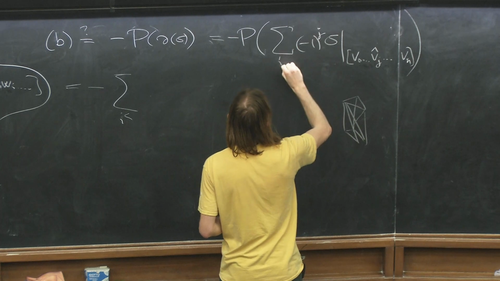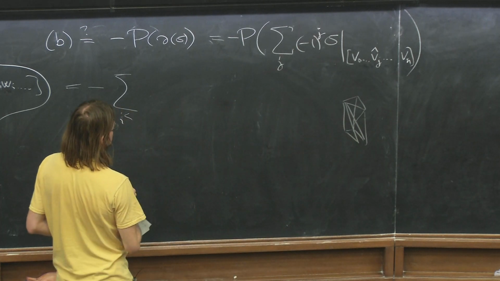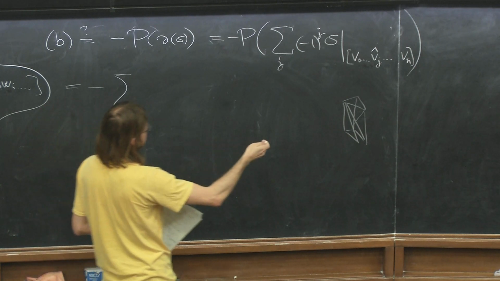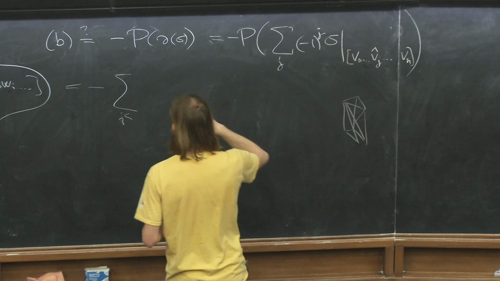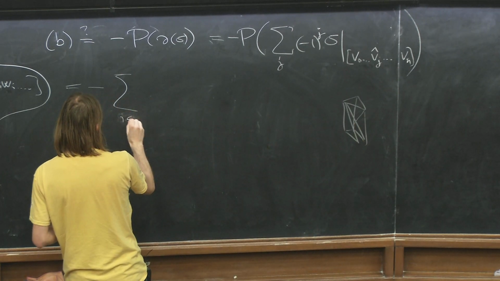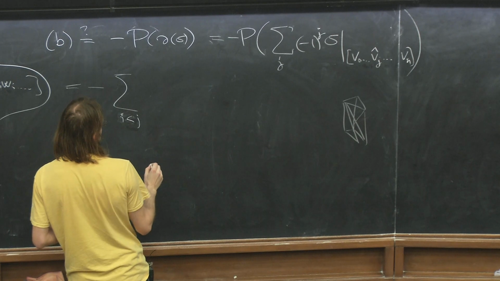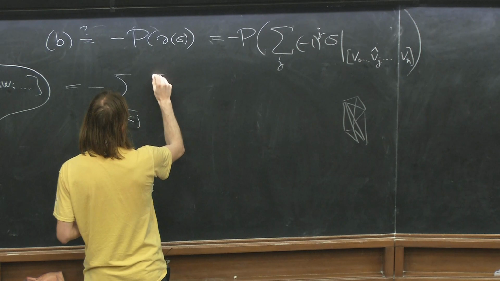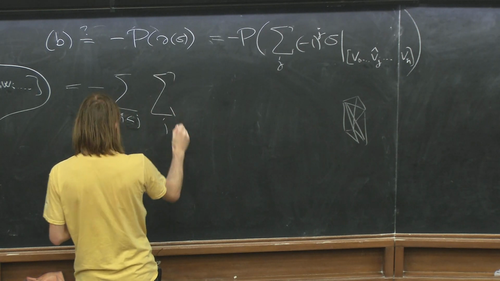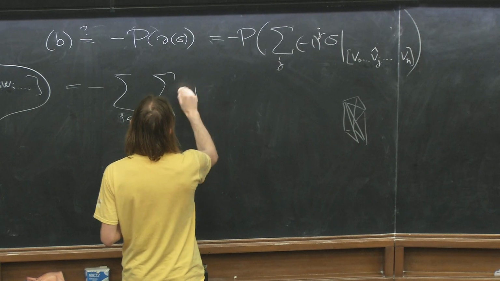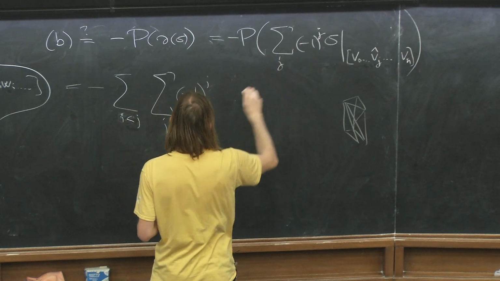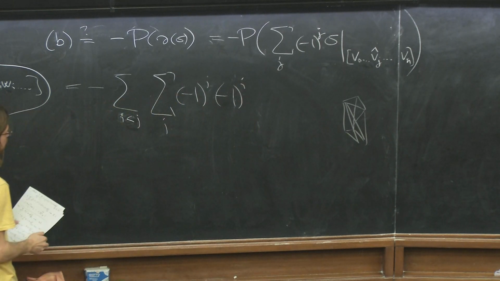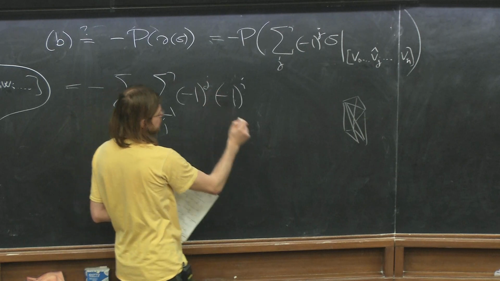The sum is over j. And the place where I will start replacing vertices V with W, I will denote by i. The first part is where i is less than j. Still this sum over j carried over. You have (-1)^j from here, and there will be, of course, (-1)^i. This is the sign from the definition of the prism operator.